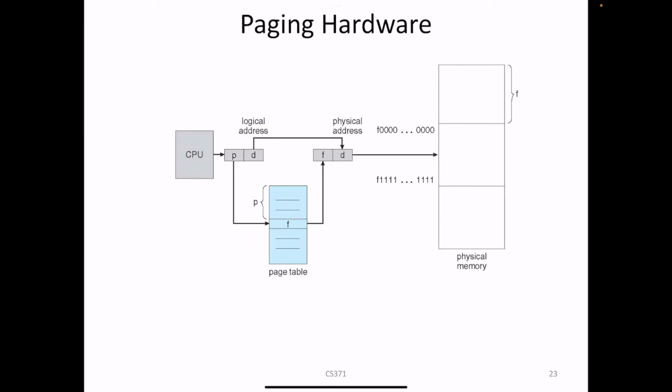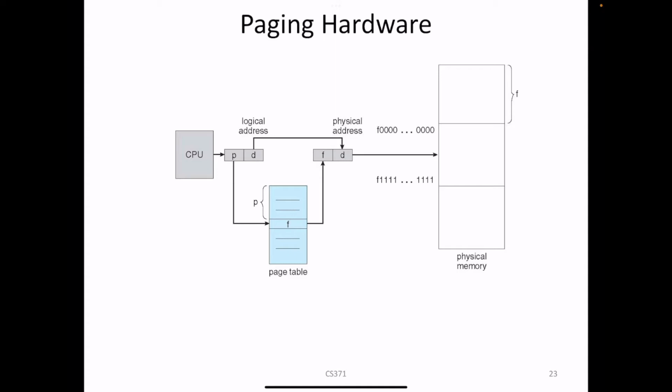In order to efficiently translate the logical address into a physical address in the paging allocation mechanism, the paging hardware can help us do it very efficiently. The following figure shows us how to do it with paging hardware. When the CPU gives a logical address, according to the page number P, the paging hardware can find the corresponding frame for that page number P in the page table.